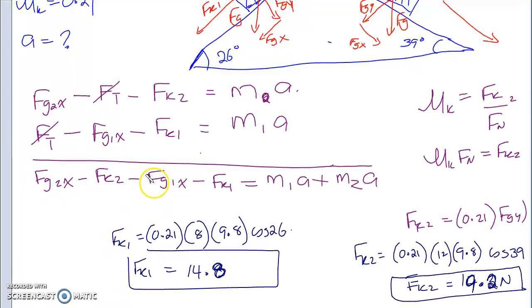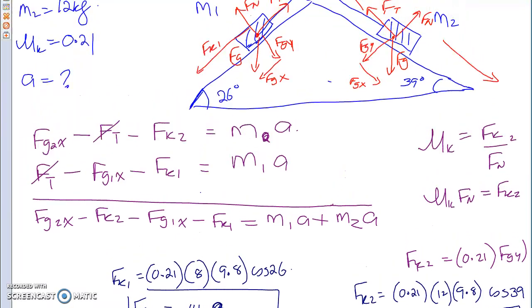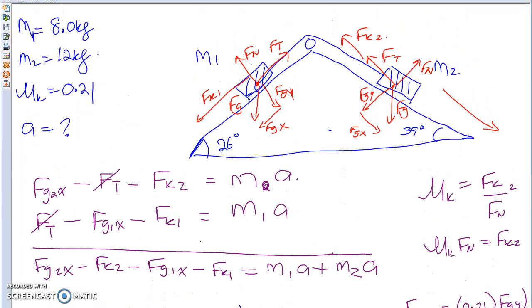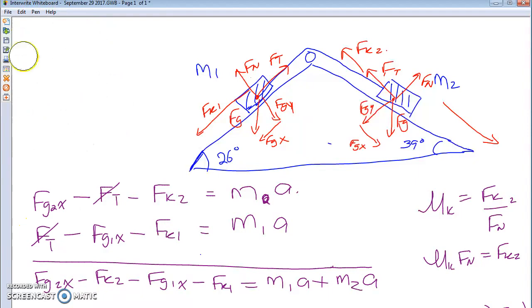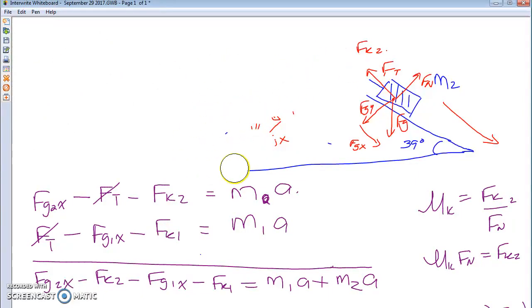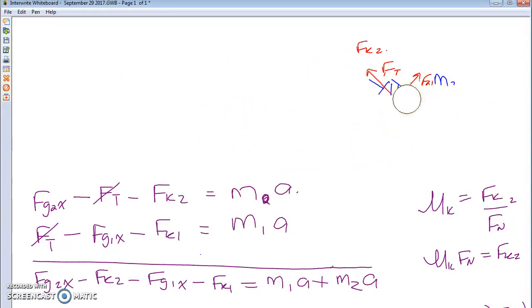So we're going to go back to this equation right here and try to solve for it. And my equation is going to look like this. So we're going to go back here and it's going to be FG2X.